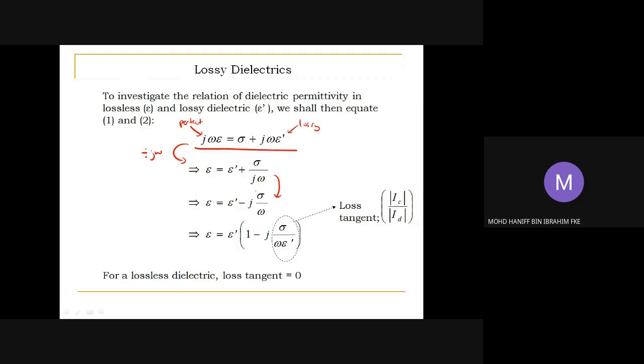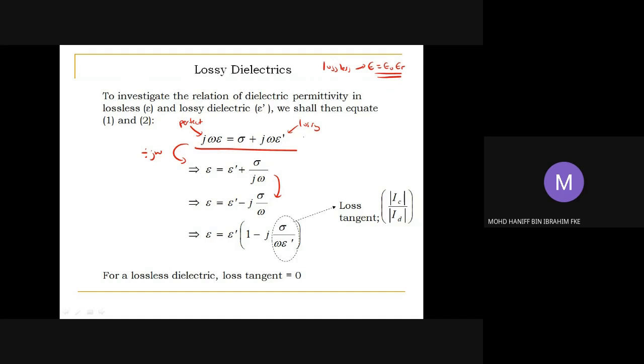What we can deduce from here is that for the case of lossless dielectric or perfect dielectric, the permittivity is a real value: permittivity equals epsilon naught multiplied with epsilon r only. This shows that for the case of a perfect medium, permittivity is a real number.